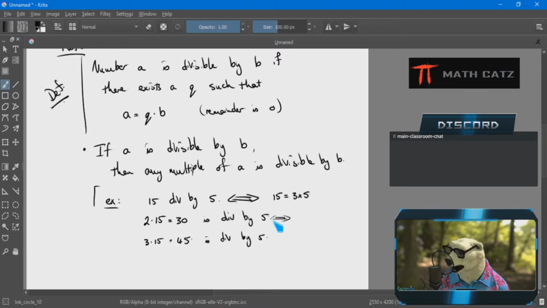So if I now look at 2 times 15, I'll be consistent with my times symbols here, then it's going to be the same as 2 times 3 times 5, because 15 is 3 times 5. So if I insert that in here, I get 2 times 3 times 5, which is 6 times 5. So again, there is some q, some number, so that when I multiply it by 5, I get my 30, my bigger number.